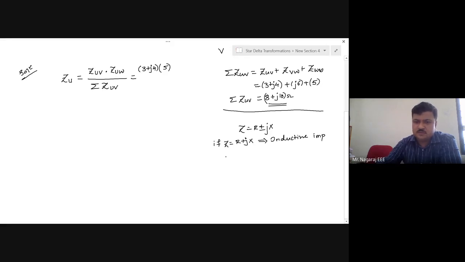If Z is equal to R minus Jx, this implies capacitive impedance.